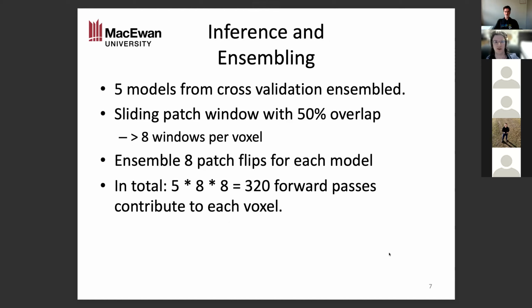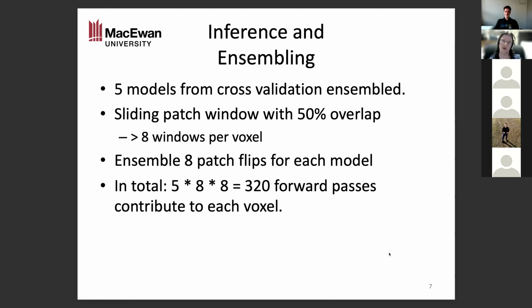For our ensembling strategy, we train with cross-validation, so we have 5 models, and at test time, we ensemble those 5 models. Each model was trained on 32 subjects, and we hold out 8 for validation. We also use a sliding patch window with 50% overlap. This gives 8 patches per voxel, which we ensemble by averaging.